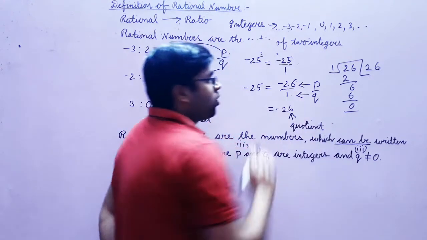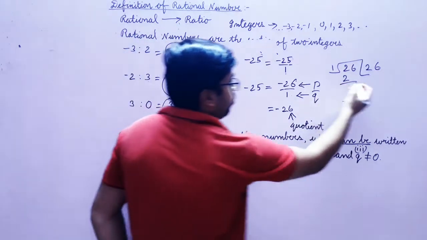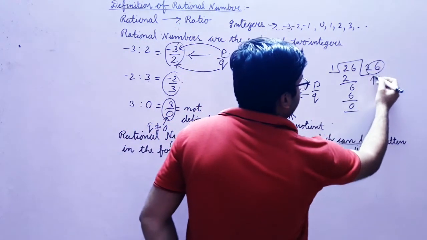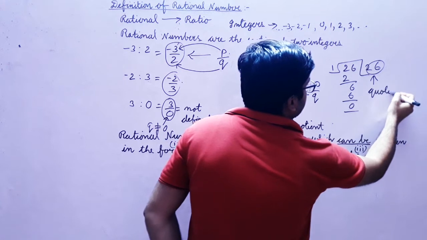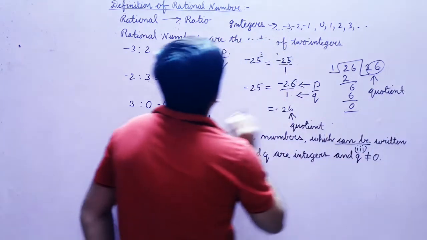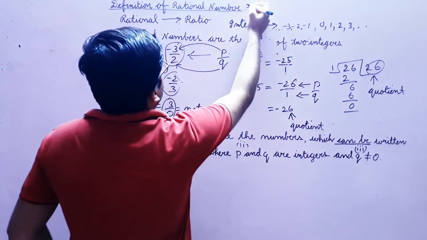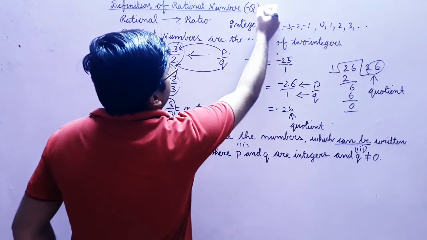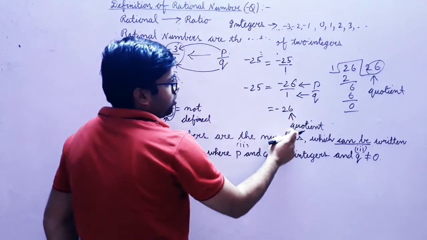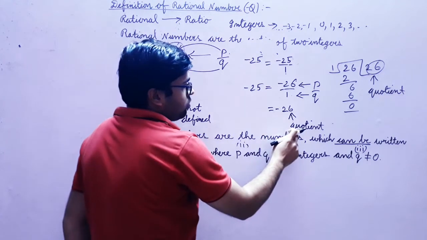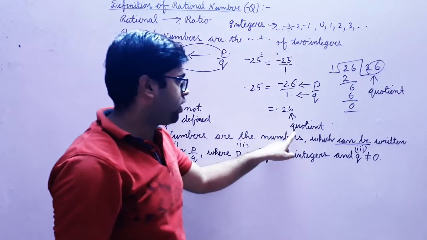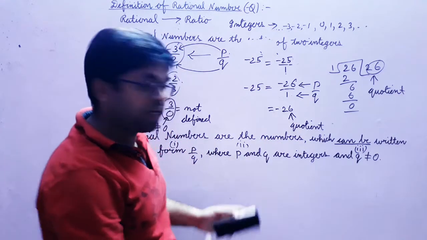So in division, whatever answer you get, it is known as quotient. That's why rational numbers are denoted by the capital letter Q. This Q comes from the word quotient, it is the first letter, that is the initial, of the word quotient.